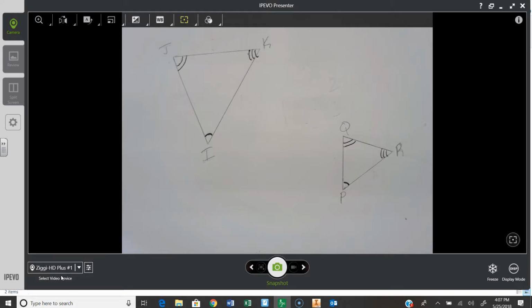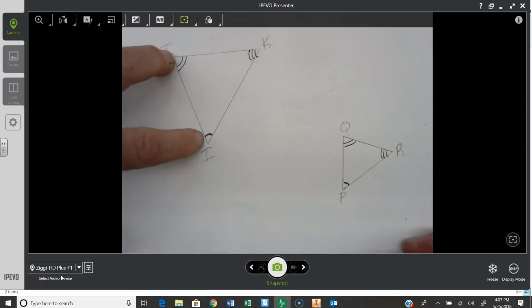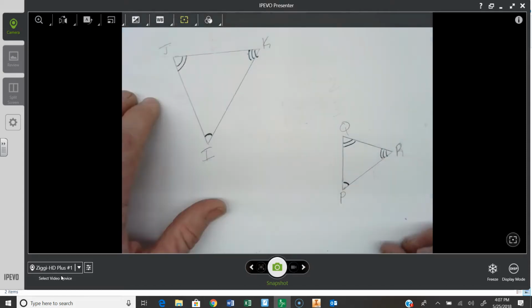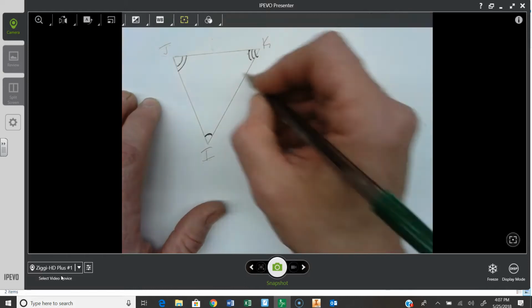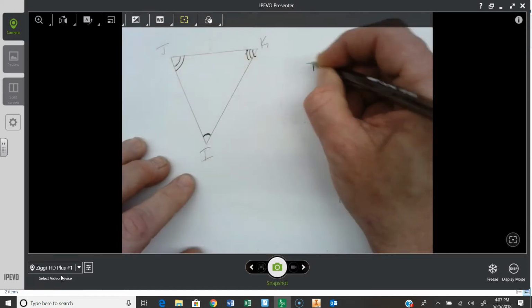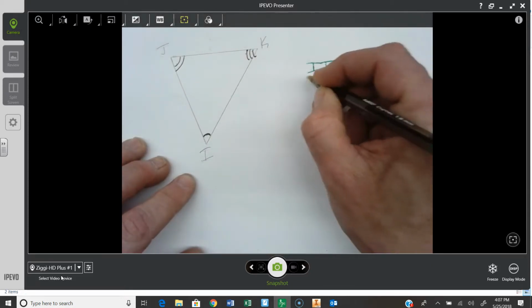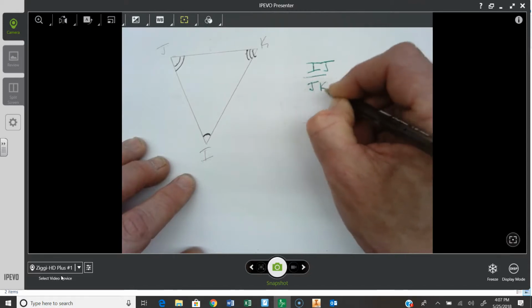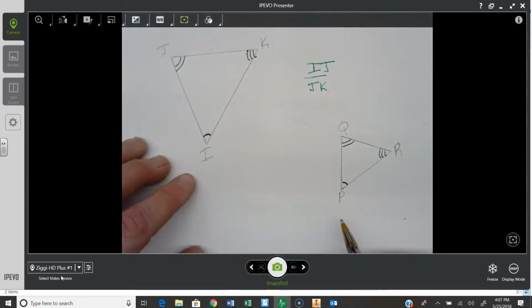So, for example, the ratio of this side compared to this one. The ratio of IJ compared to JK is a way of looking at that length.